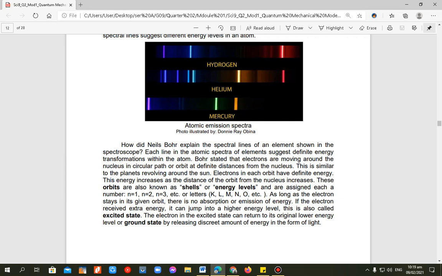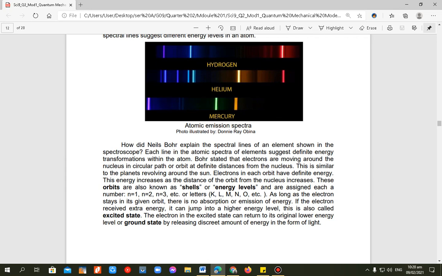So meron po silang naka-assign na different numbers, or the shells have their corresponding number of the energy levels. So first is n=1, n=2, n=3, n=4, and so on and so forth. And take note of that also that n=1 can be associated to K, and n=2 to L, n=3 to M, n=4 to N, n=5 to O, and so on and so forth. So yun po yung corresponding po nila.